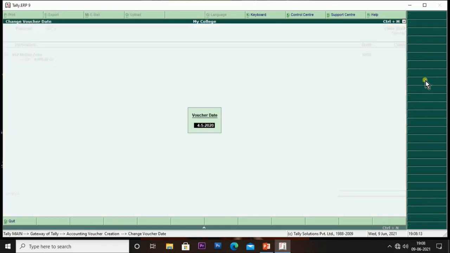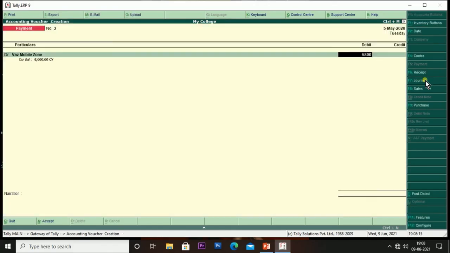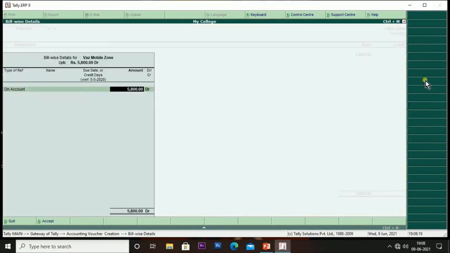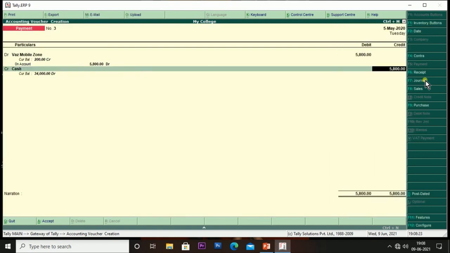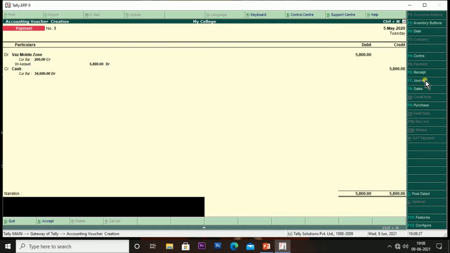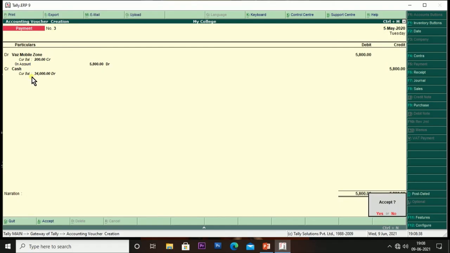So 5,800 rupees debit and credit to cash 5,800 rupees. Here we can see 200 credit remaining in Vas Mobile Zone. We will press Enter now.